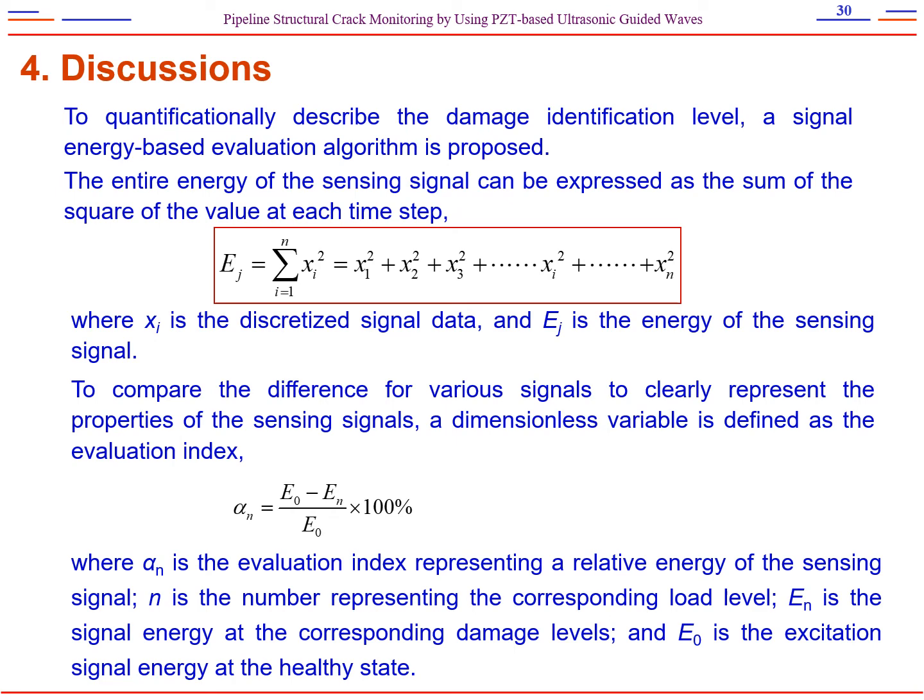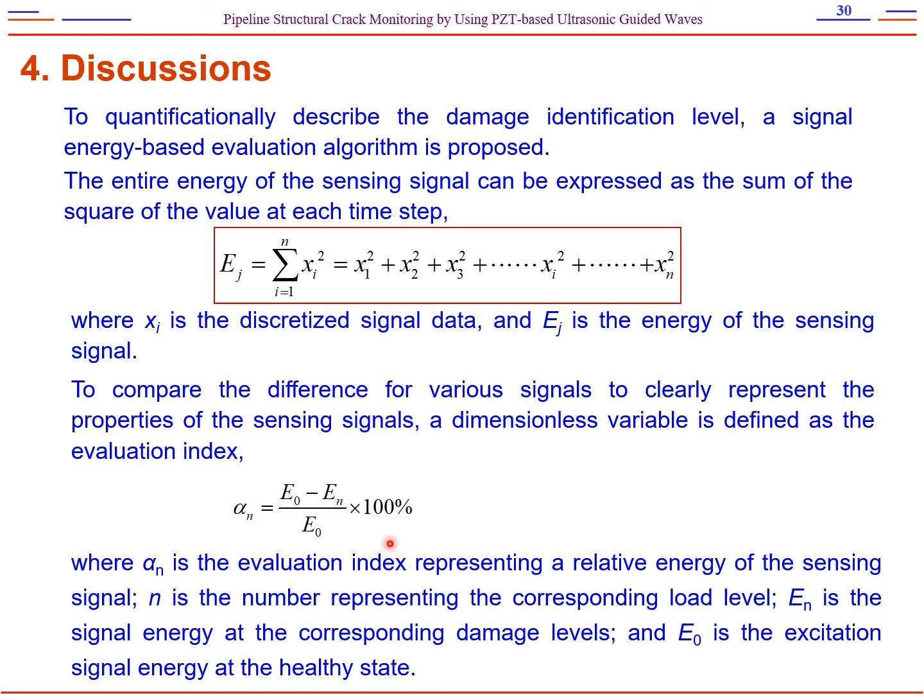To compare the difference for varied signals and clearly represent properties of sensing signals, a dimensionless variable is defined as the evaluation index, shown in this equation.